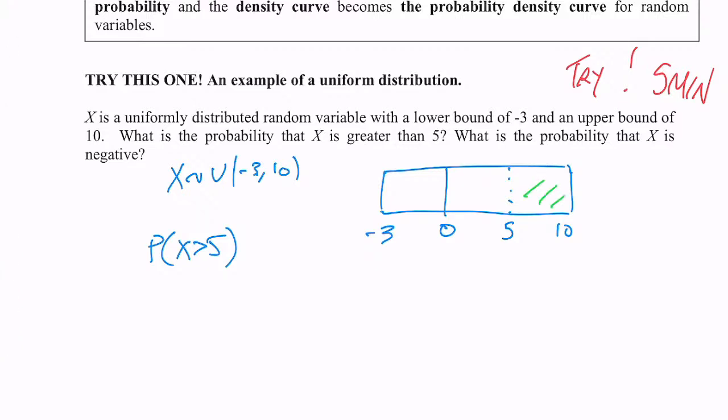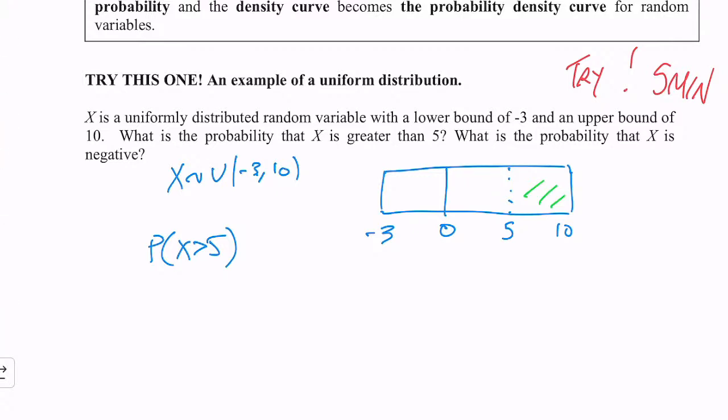And the probability that x is negative, that would be this shaded area. So this is not exactly to scale, but you get the idea. So let me just deal with that one first.